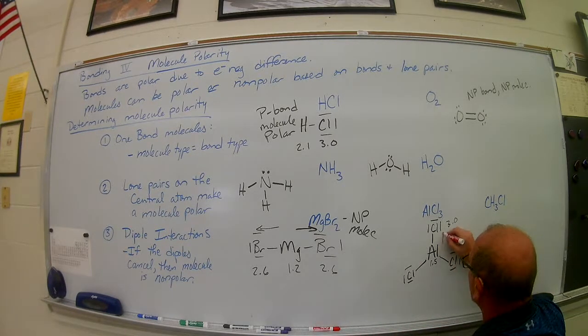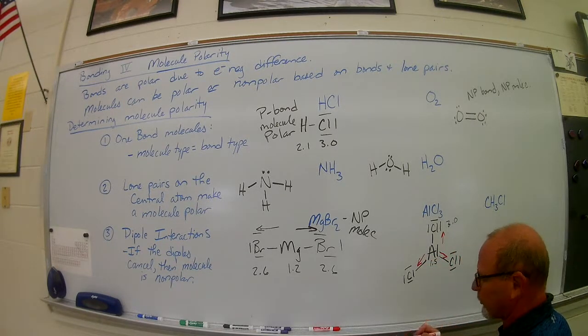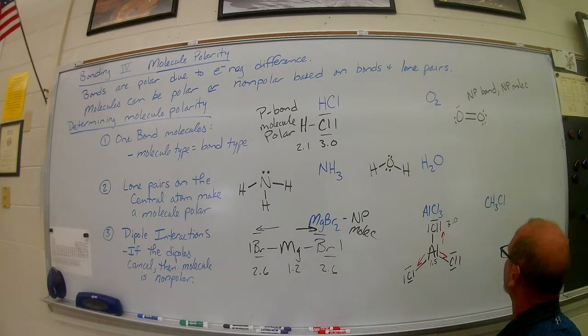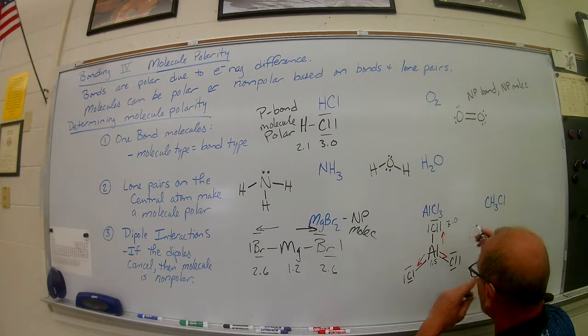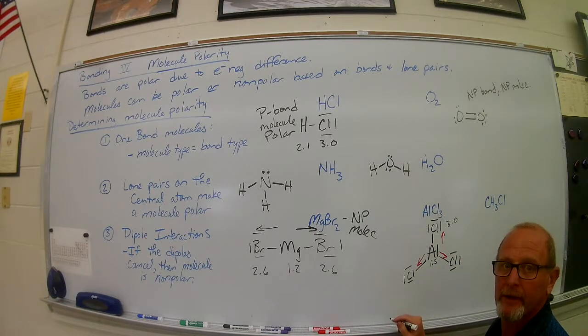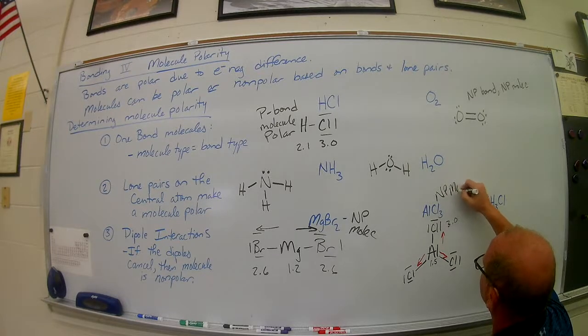They can go out, they can go in, they can cancel in any direction. But because this is symmetrical, everything cancels out nice and neat. This is another case where you have a polar bond and a nonpolar molecule. Nonpolar molecule with a polar bond.